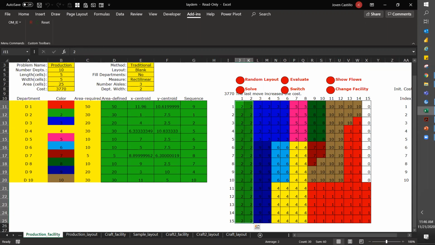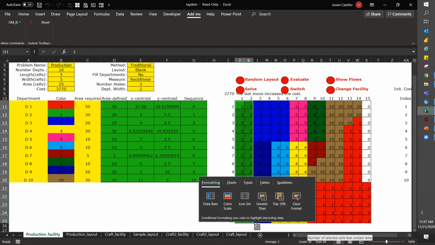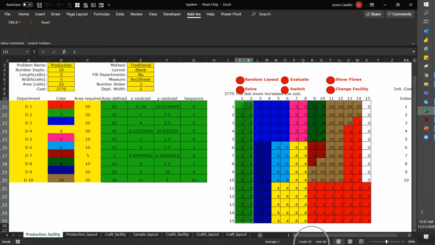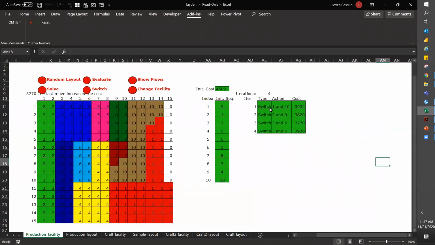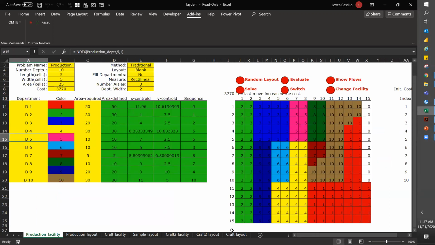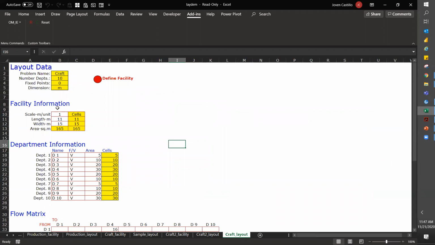So mapapansin nyo dito, 30 yung cells, 30 yung grids. And then yung kada isang grid ay may equivalent value. Okay? So yan, nahanap yung centroid, nahanap yung sequence hanggang sa ito, na-optimal na to eh. Na-optimize na niya. Okay. So yan, provided naman yung video dito.